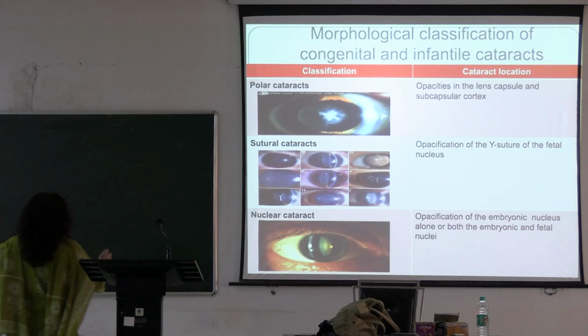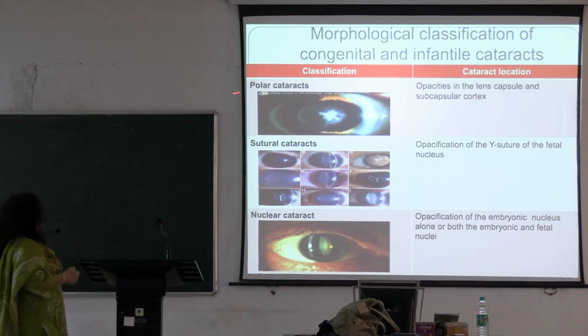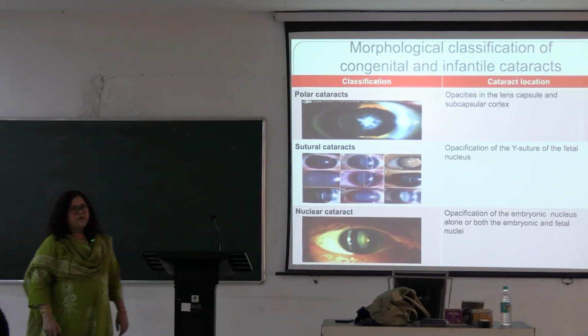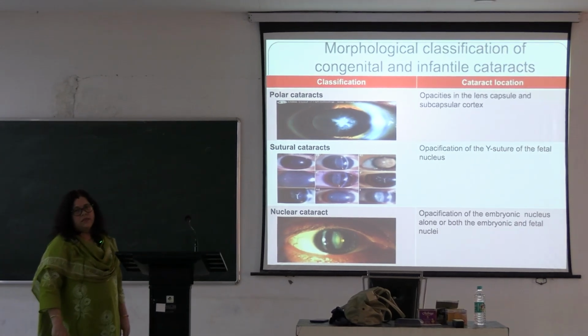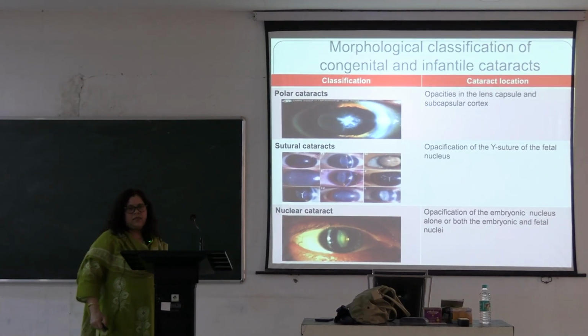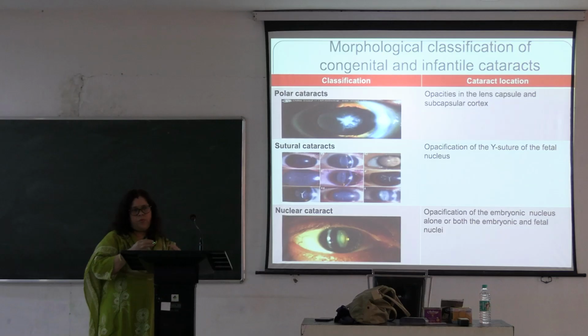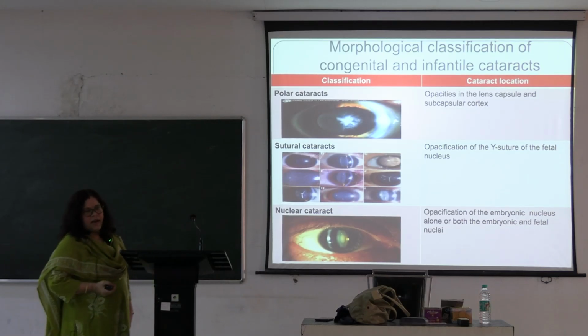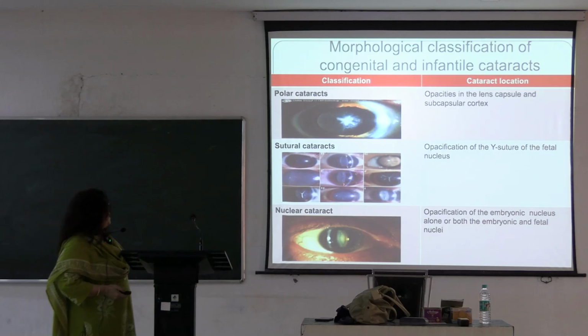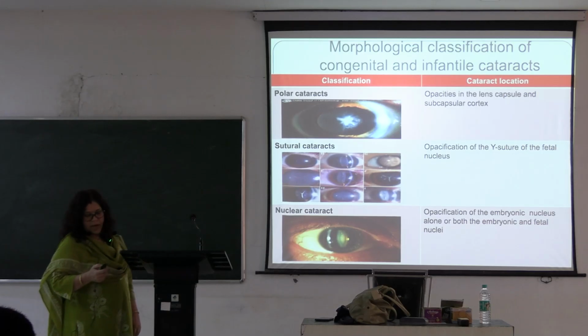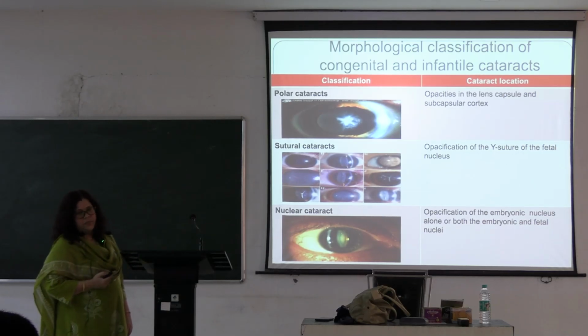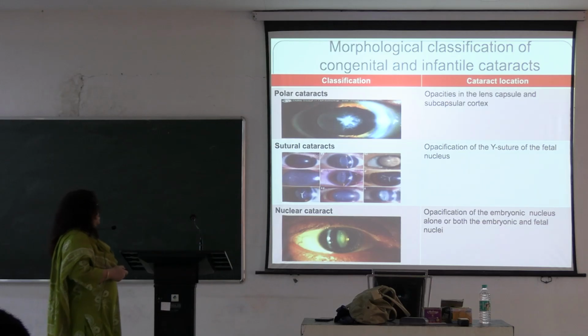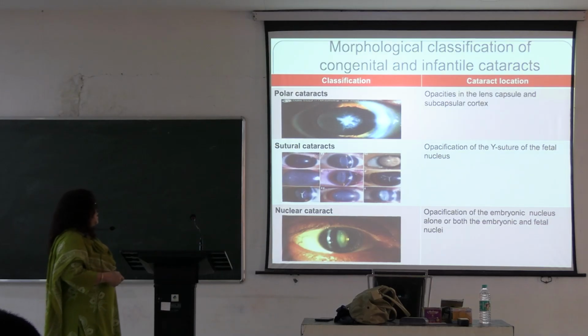First is the polar cataract. There are two poles, anterior pole and posterior pole. When it is present in the anterior pole, it is called anterior polar cataract, and when it is present in the posterior pole, it is called posterior polar cataract.